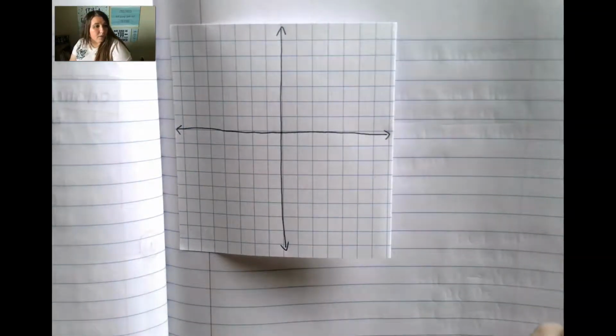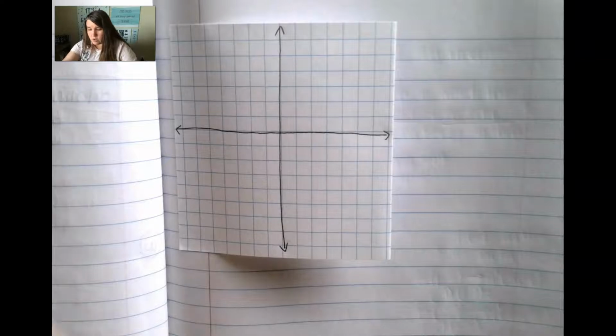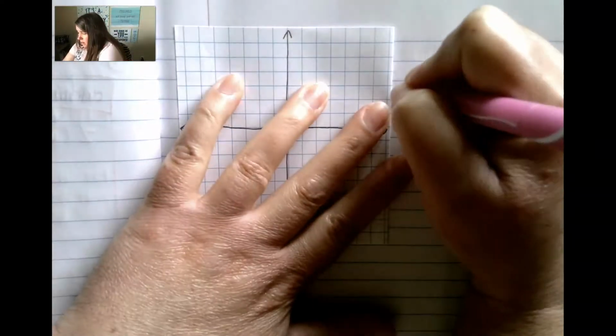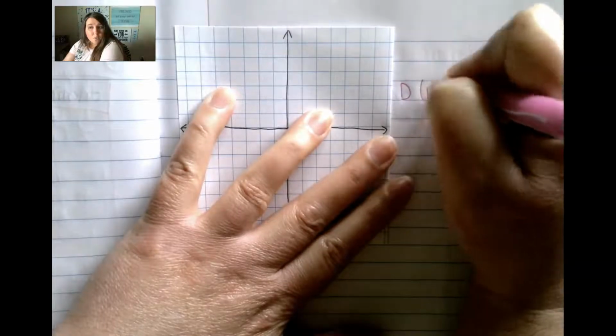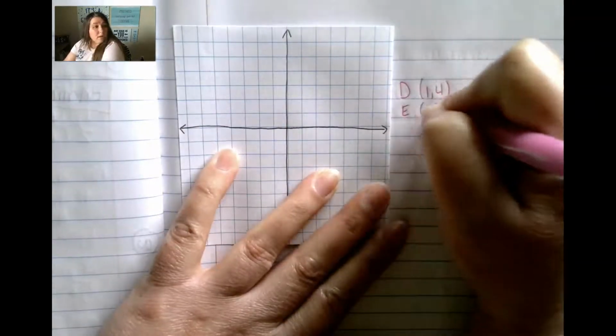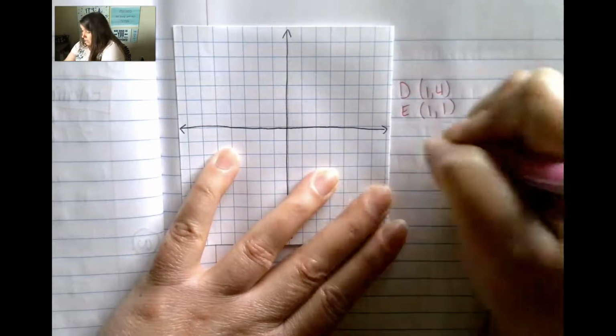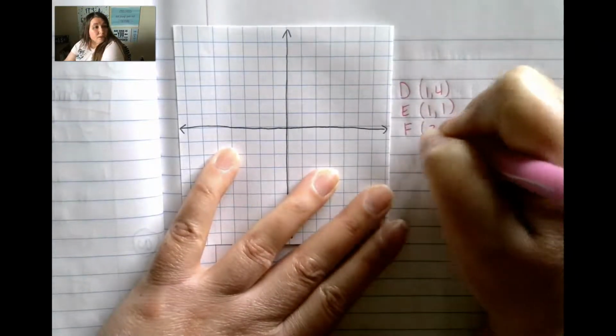And we're going to start with a figure that is another triangle. Okay, so we're looking at another triangle, and this triangle has vertices D, E, and F. D is 1, 4. E is 1, 1, and F is 3, 1.